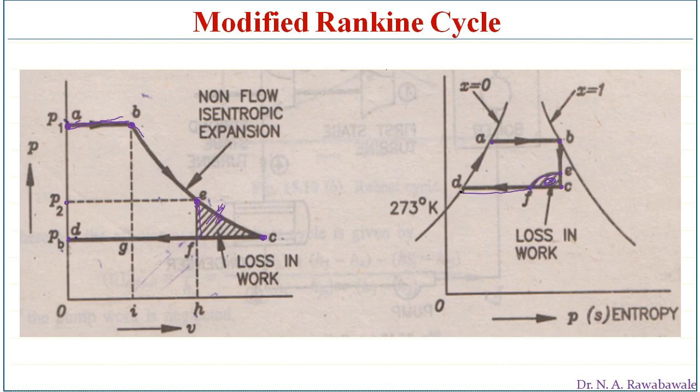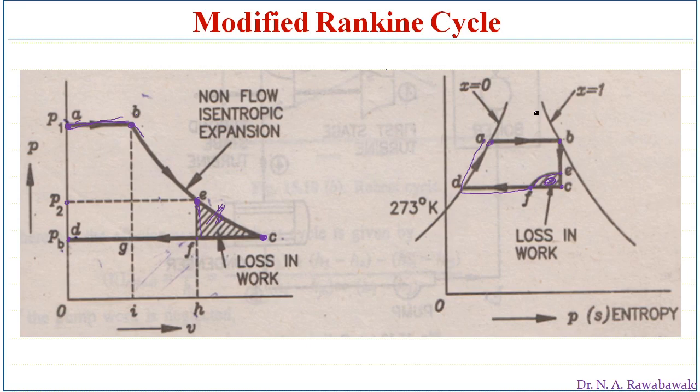Again that steam is passed into the boiler to increase its pressure. So this is how the modified Rankine cycle works. Here the stroke length of the engine is reduced without appreciable change in work done. This cycle of operation is known as the modified Rankine cycle.